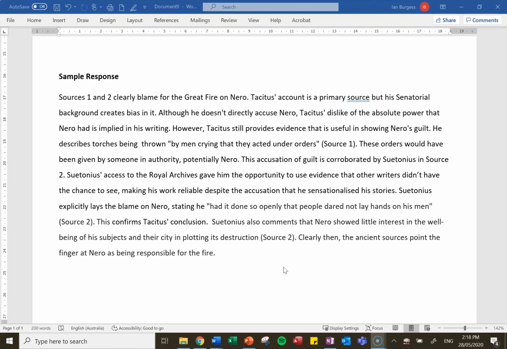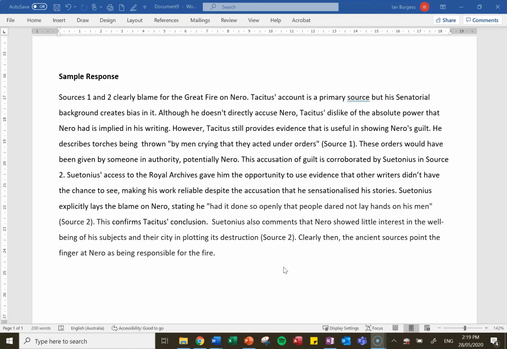So what I've done there is I've discussed the reliability of the source, I've demonstrated the usefulness of the source by including a quote that shows how it can be used to show that Nero was to blame for the fire. So that idea that under orders was coming from someone higher up. As I say here, these orders would have been given by someone in authority, potentially Nero.